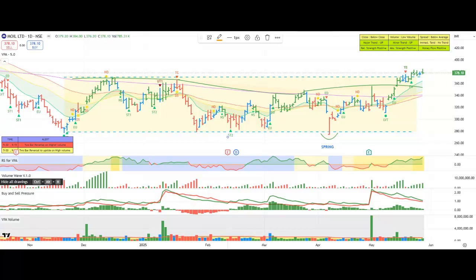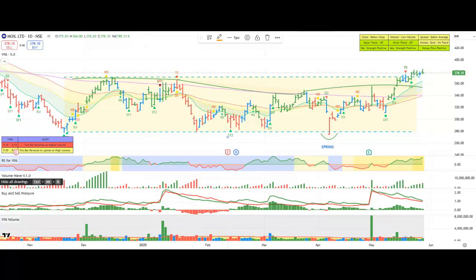In a typical Wyckoffian accumulation zone, initially you would see a lot of volatility, and volumes are erratic. This all is done till the last of the retail public is thrown out, or the retail holding is thrown out.